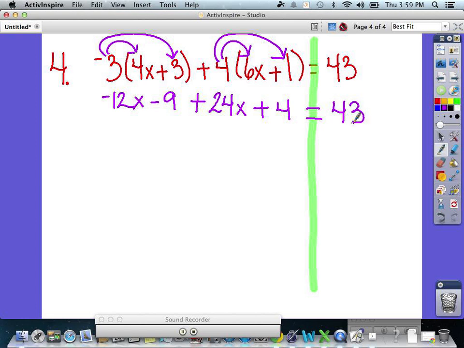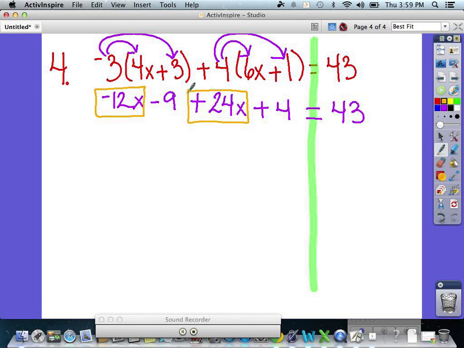Now I'm going to look for my like terms. That's tip number 2. So look on one side of the equal sign, see if you see any like terms. We have a negative 12x here, and we have a positive 24x here.